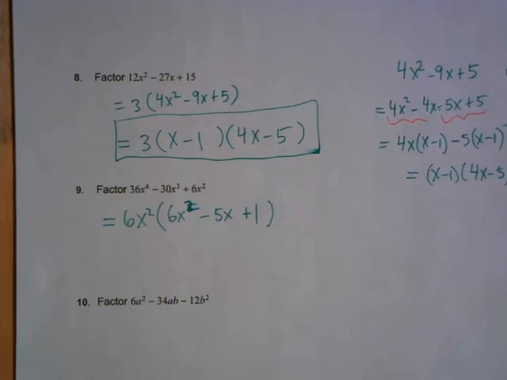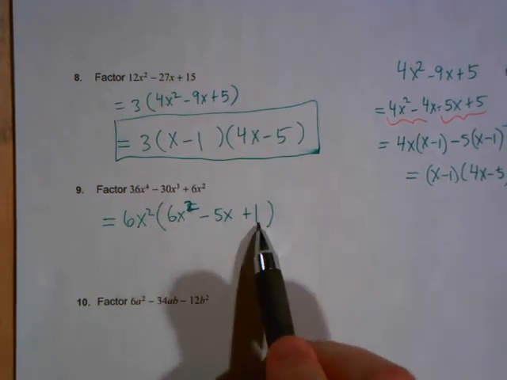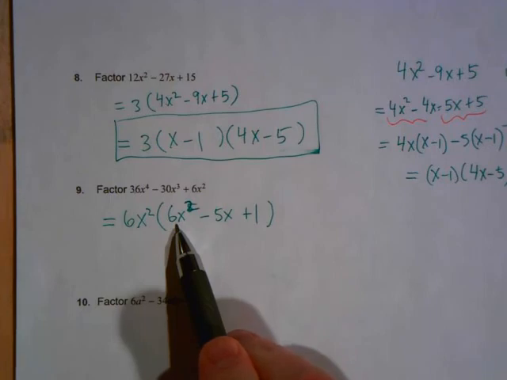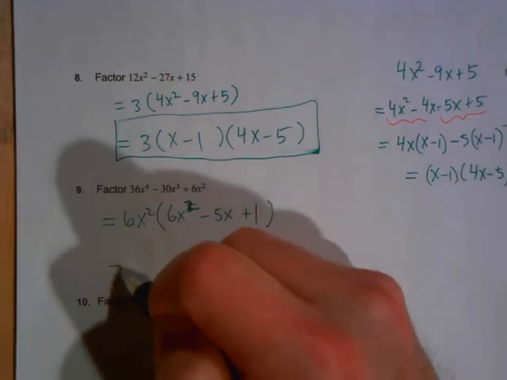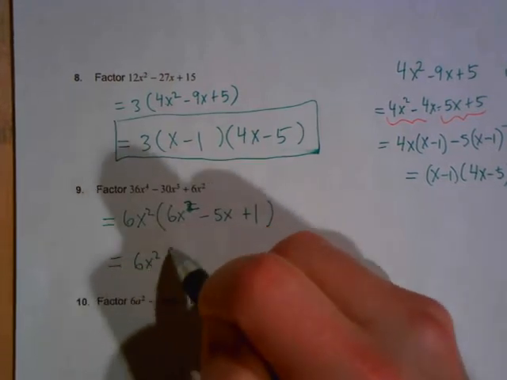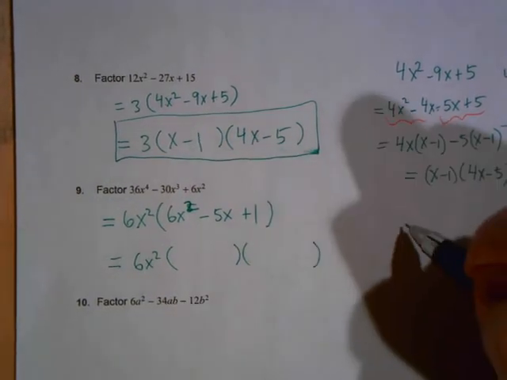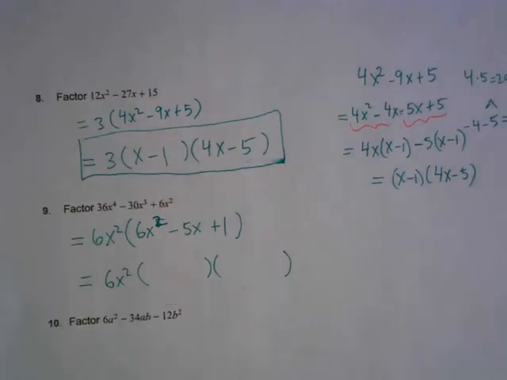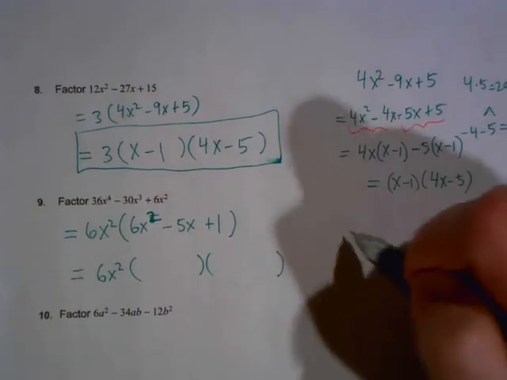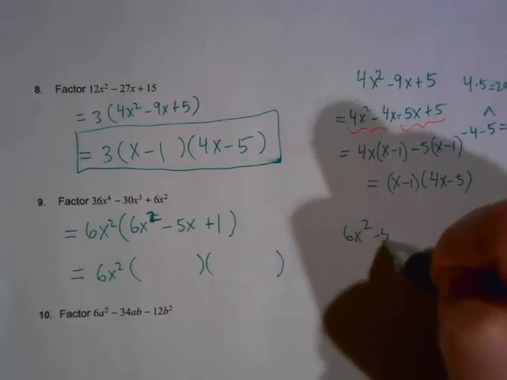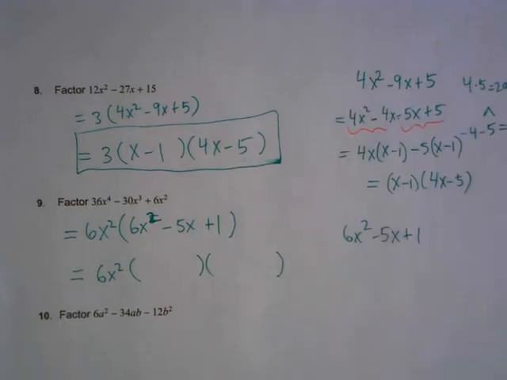Okay, same deal. I notice that I have a trinomial. I notice my front thing is not 1, but what am I going to do with that? Well, I'm just going to write it down. And then when I get done, my answer is going to look like this. So I'm going to come off to the side and figure out what I need. 6x squared minus 5x plus 1. Alright, well, let's see.